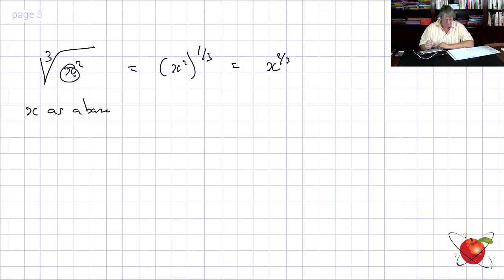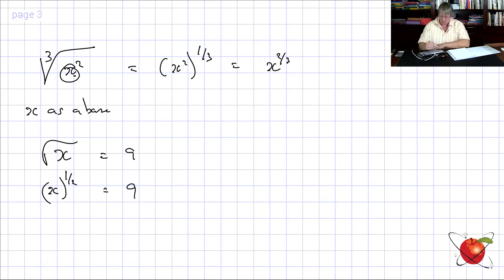Okay, so let's start off. Let's say we have something simple: root x equal to 9. How do we solve for x? Well, let's take the root and make it a power, an exponent. This is x, whatever's inside, to the power of a half is equal to 9. So what are we going to do next? We don't want that half.